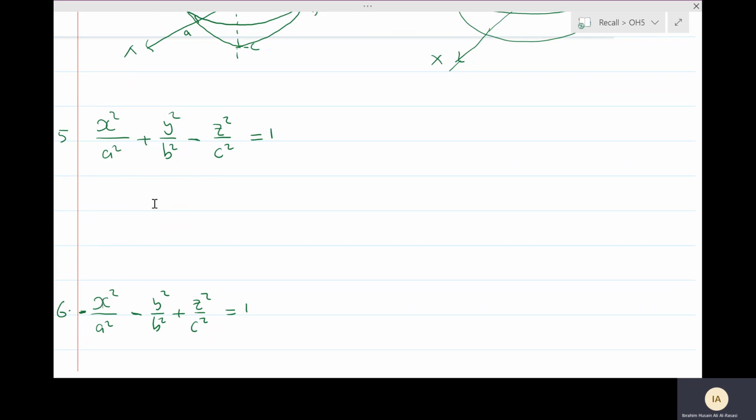So let me write hyperbolas. So they will be hyperboloids, because the trace is a hyperbola when x equals 0 and when y equals 0. It is a hyperboloid of something.